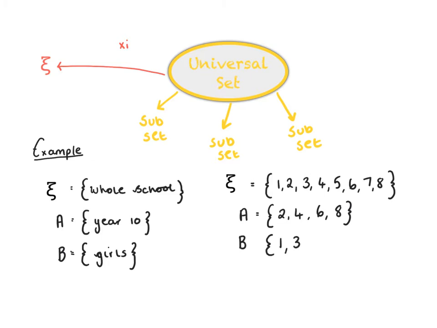And another subset B might be the numbers 1, 3 and 8, not necessarily having anything in common. Now you also might have a third set. There's no strict rules on how many you have to have. So set C might be the numbers 1, 4, 6, 8, all enclosed in curly brackets.